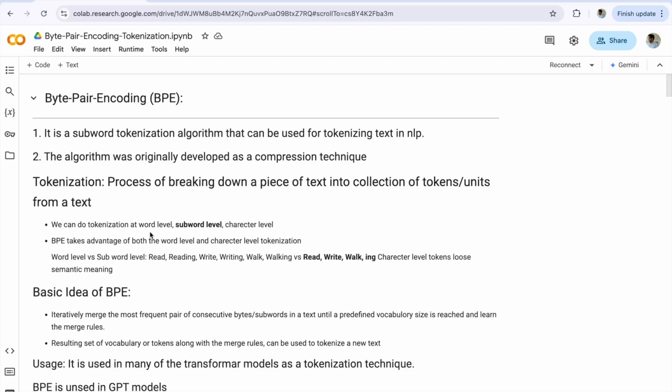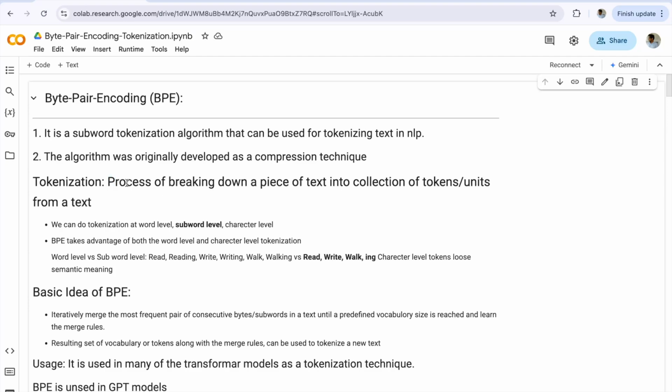Word level would mean, if we take this text, this is a word, this is a word, this is a word. So basically at the spaces we can break the text and consider each piece a token. Or we could tokenize the text at character level, like p is a token, r is a token, like that.